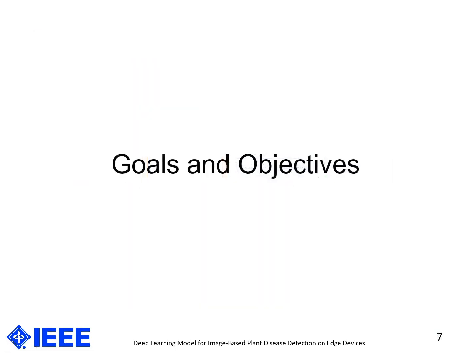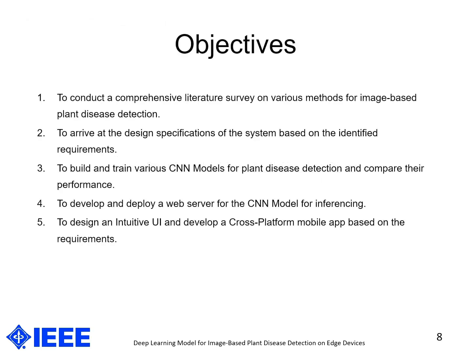So our goals and objectives. Our goal was to conduct a comprehensive literature survey on various methods for image-based plant disease detection, so that we can get the list of models which are cutting edge and provide very high accuracy when it comes to plant leaf image detection.